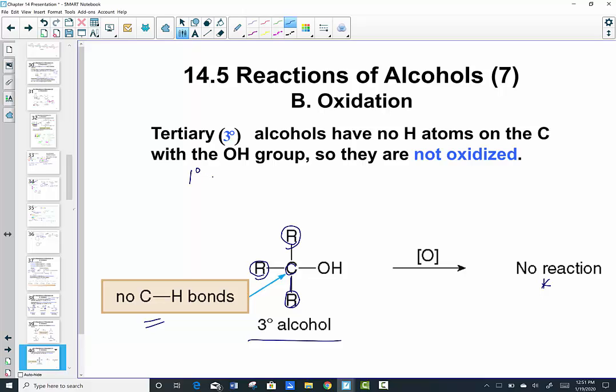Primary alcohols form an aldehyde to a carboxylic acid. Secondary alcohols go to a ketone and stop. Tertiary alcohols have no reaction. We must know that.